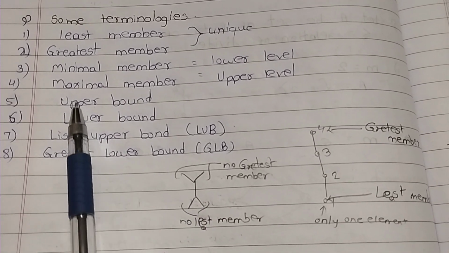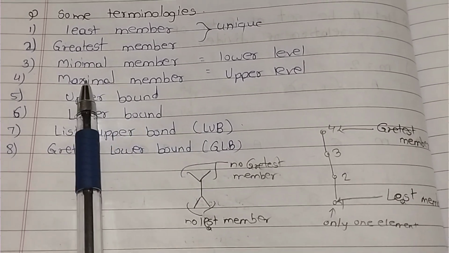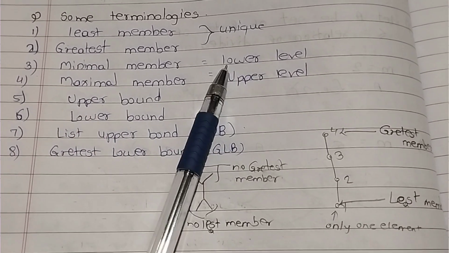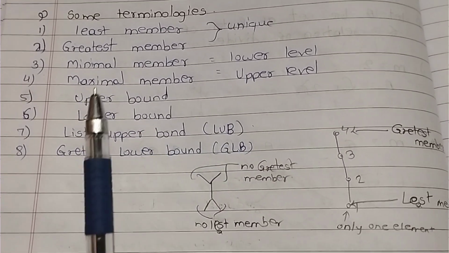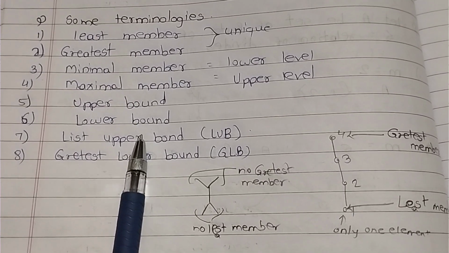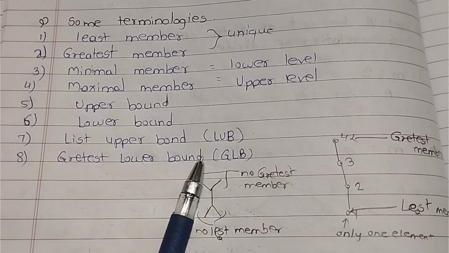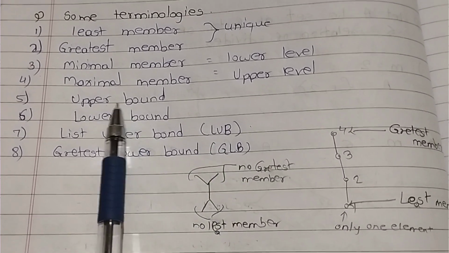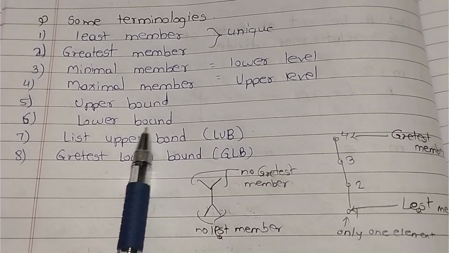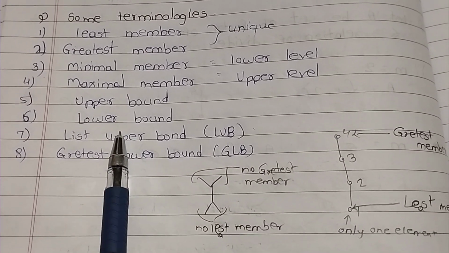Now the minimal member and maximal member. Minimal members are the lower level elements and maximal members are the upper level members. Now upper bound and lower bound, least upper bound and greatest lower bound. These four terminologies we understand with the help of an example.